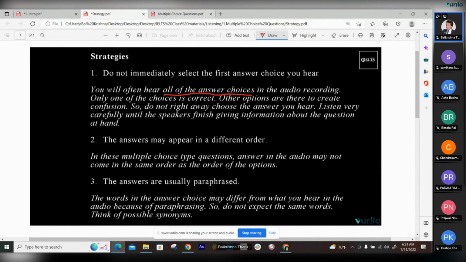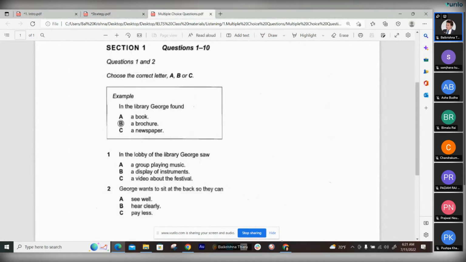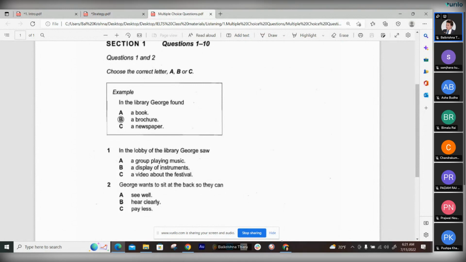All of the answer choices means here we have three choices: A, B, C. Well, in the audio recording, you will listen to all. Okay, all of them.